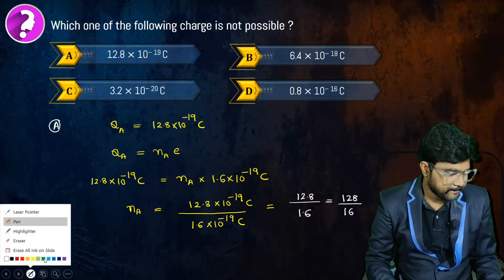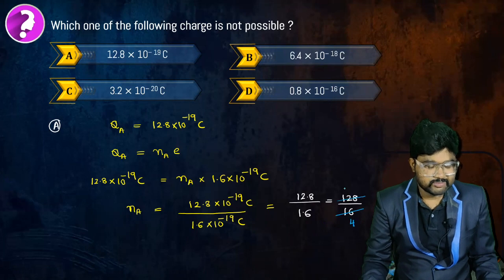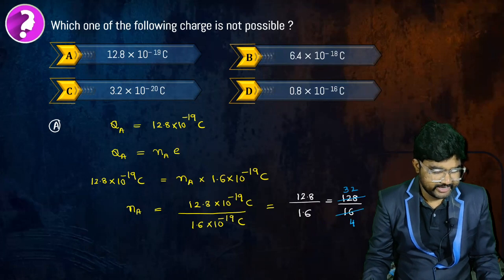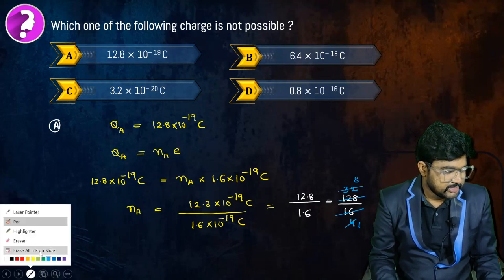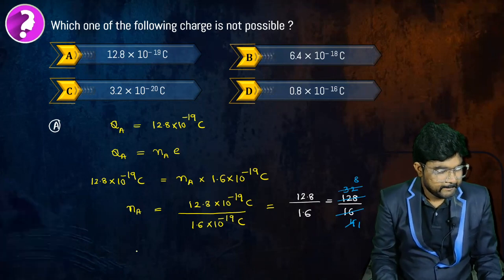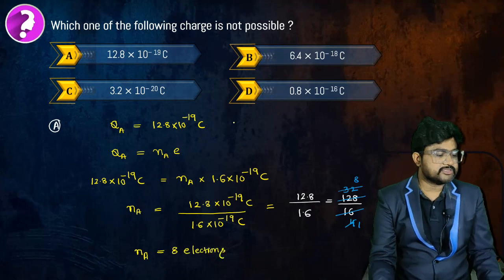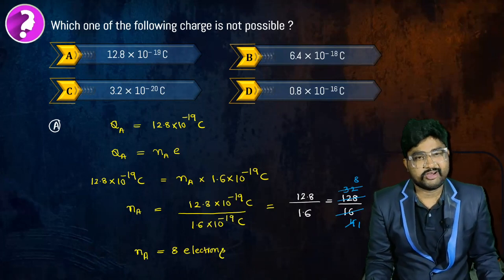Just cancel out: 16 times 8 is 128. If you don't know the 16 table, fine. Number of electrons equals 8. So this much amount of coulomb of charge is equivalent to 8 electrons.